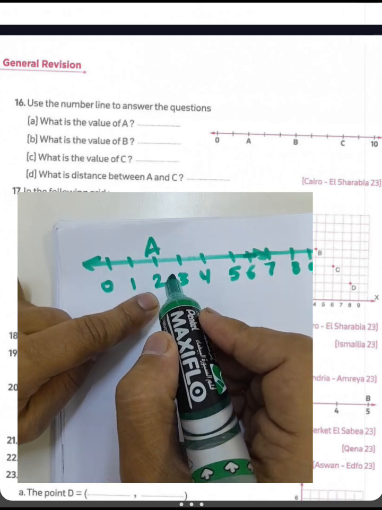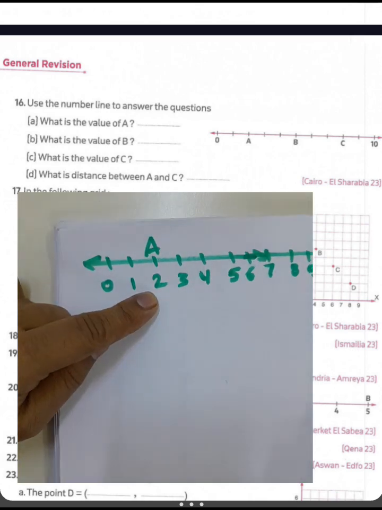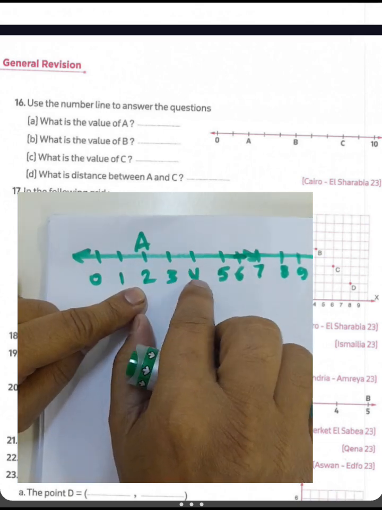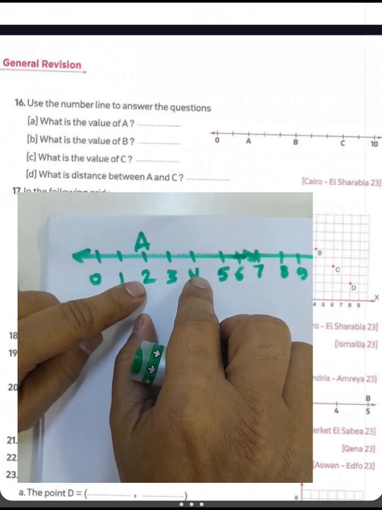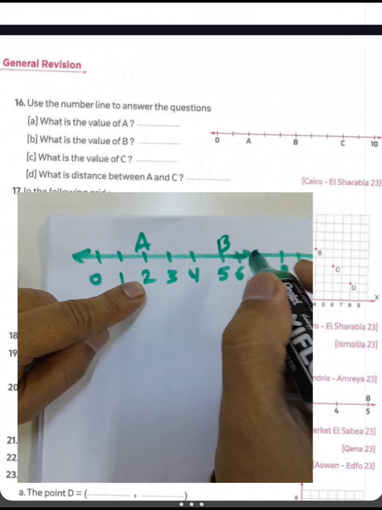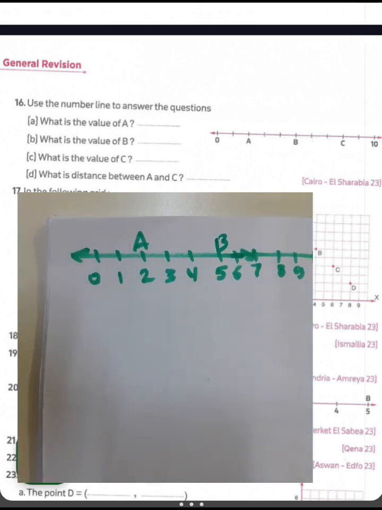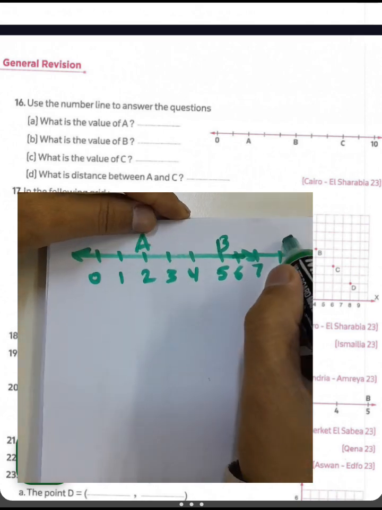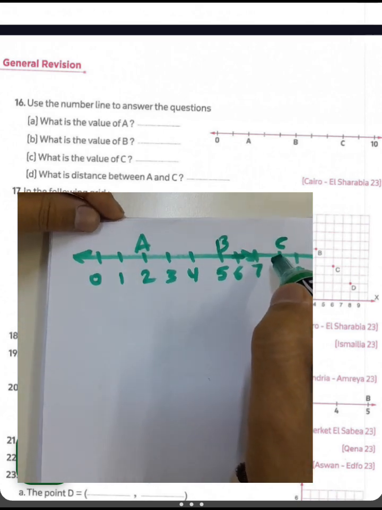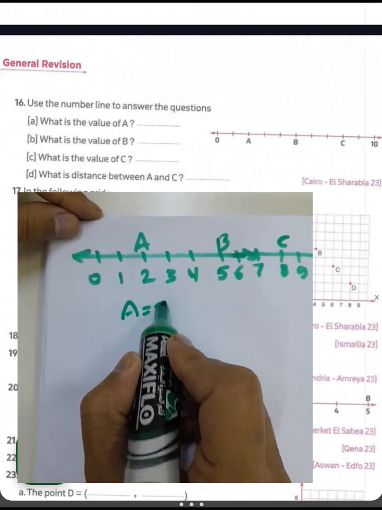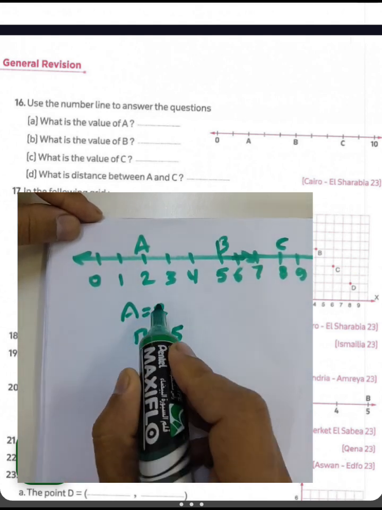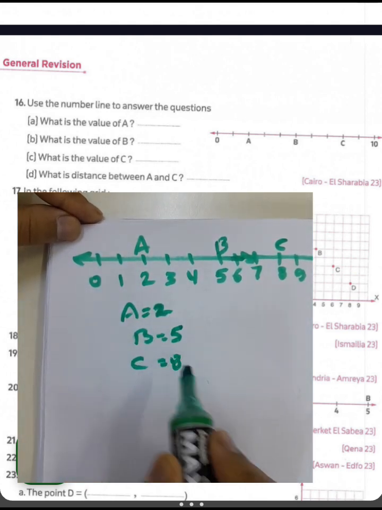Count with me from A to B. We have two numbers between. Here it will be B, and C here. 1, 2 again between them, C. Okay, then A will be equal to 2 and B equal to 5 and C equal to 8.